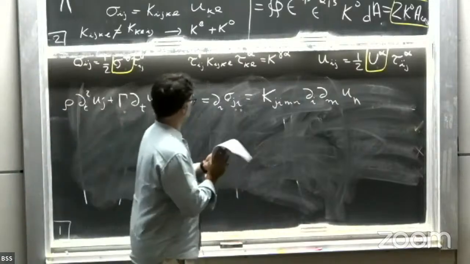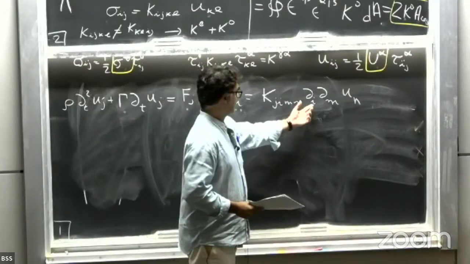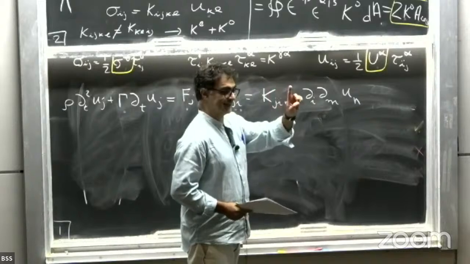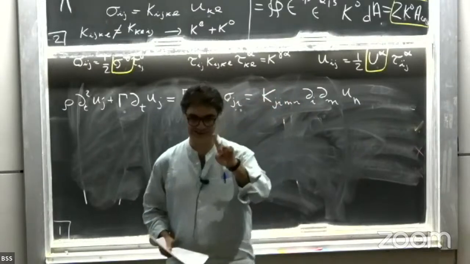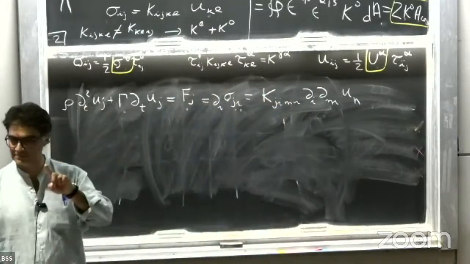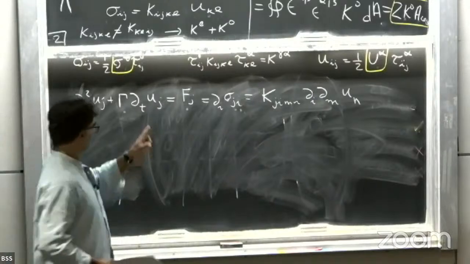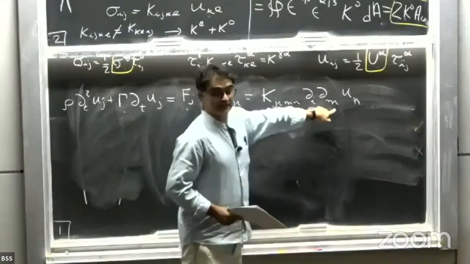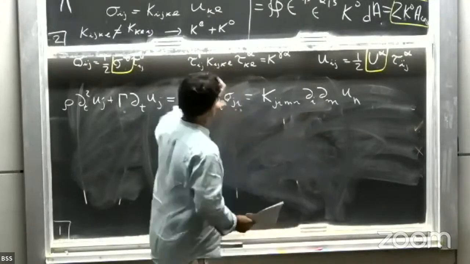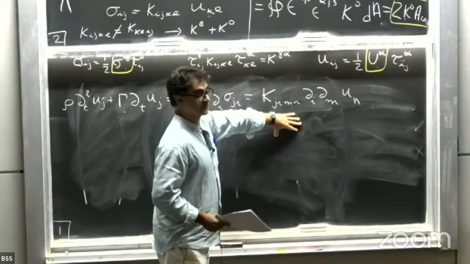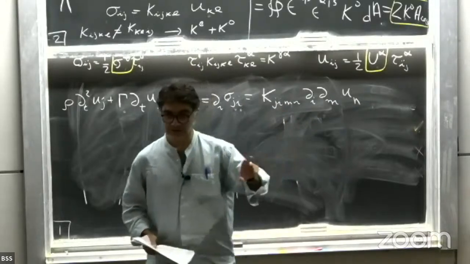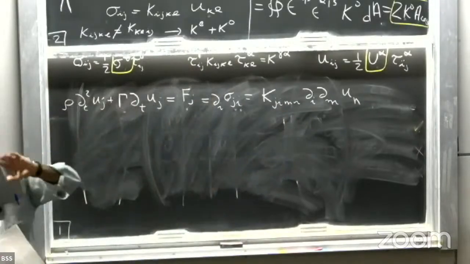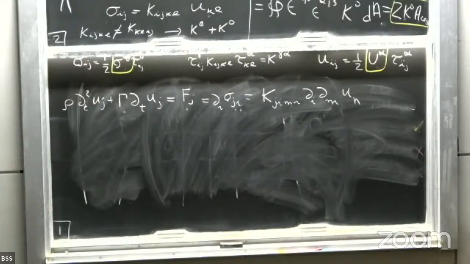So the bottom line here is that notice one thing: the strain had already one derivative. When you take the divergence of the stress to get the force, you pick up two derivatives. So all of these terms originating from this formula will involve two derivatives, multiplied by some coefficient, whatever it is, but all of them will have two derivatives. Okay?